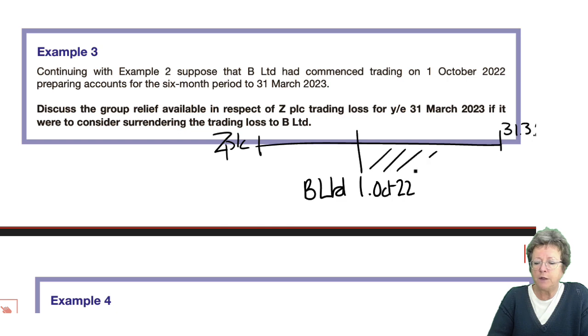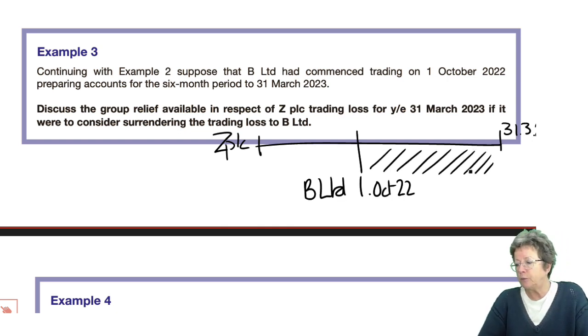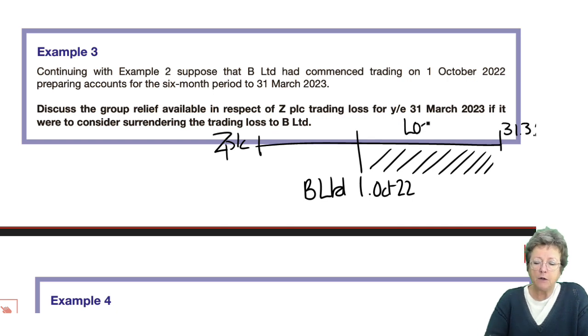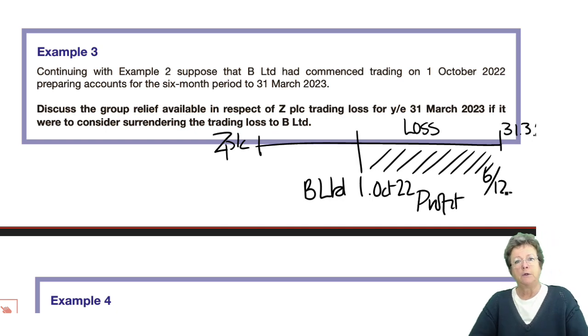So only this period of time here is it actually part of the group. So any loss that it wants to send would have to be 6/12, because it couldn't surrender all of the loss because B Limited had only been part of the group for 6 months.